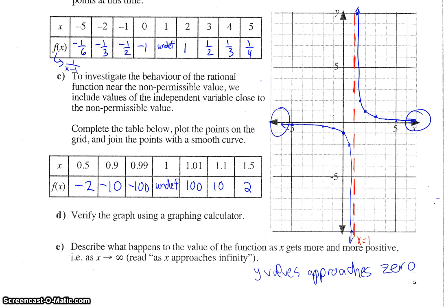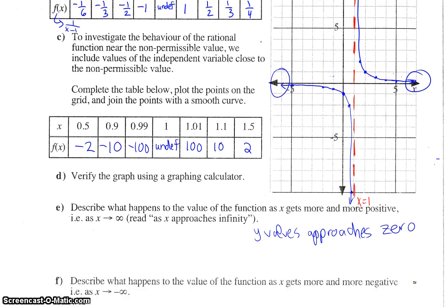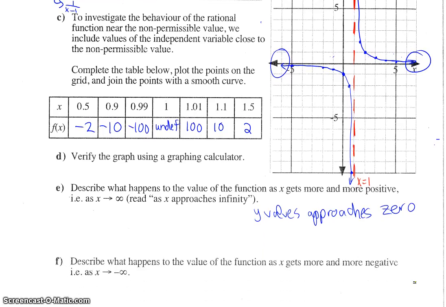So as x approaches infinity, y approaches 0. And if we look at negative infinity, as x gets very large in the negative direction, again, it looks like our y values are getting closer and closer to 0, but not quite touching it. This time on the negative side, though. Again, y approaches 0.